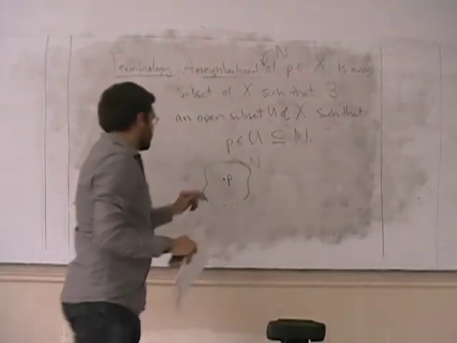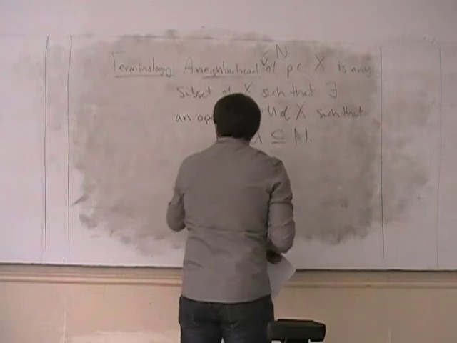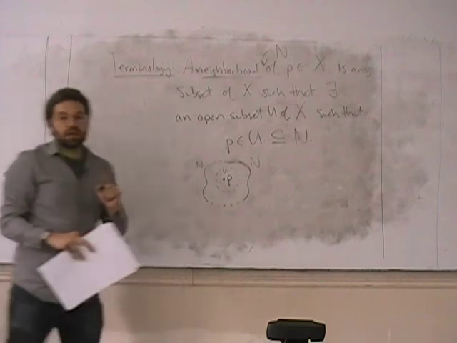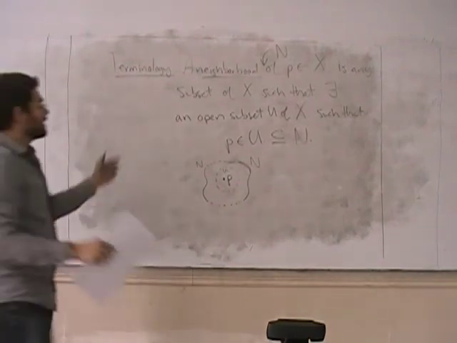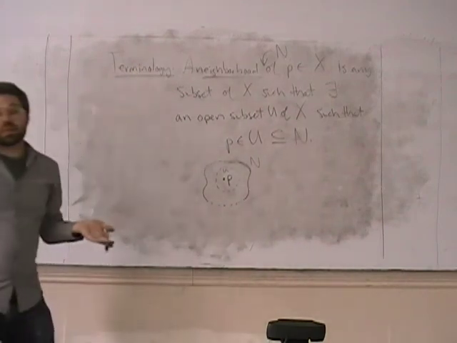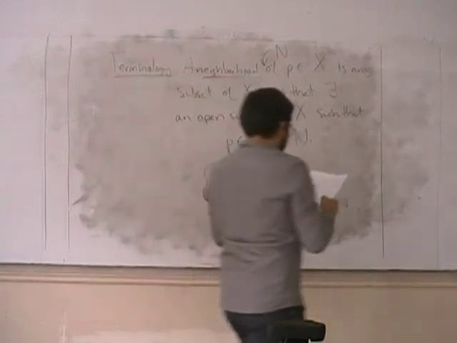If you can find an open set, a disk, for example, wouldn't have to be exactly a disk, so P belongs to the open set, and the open set is a subset of N, then we just call that a neighborhood. Just a quick way of saying all of this is that N is a neighborhood of P. It's really the terminology to save us some time.